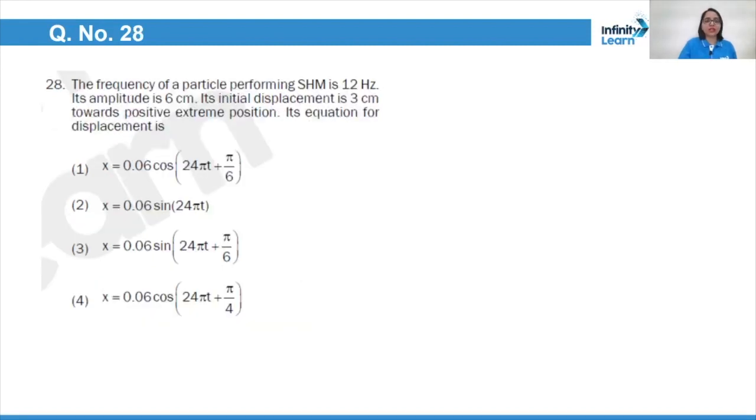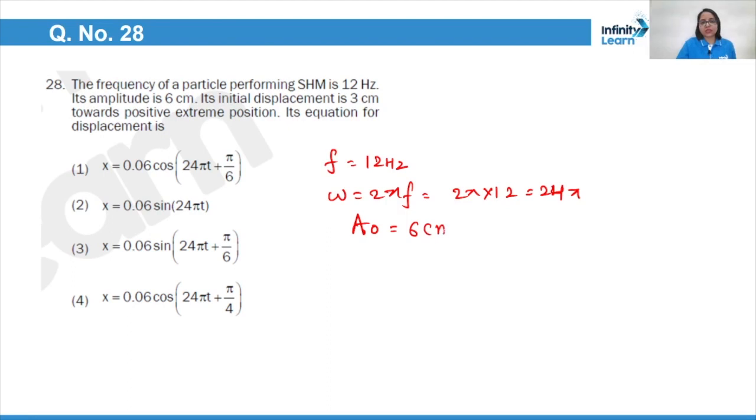Question number 28. The frequency of a particle performing SHM is 12 Hz. So omega is 2 pi f, which is equal to 2 pi into 12, that is 24 pi, right? Its amplitude A naught is equal to 6 centimeter.